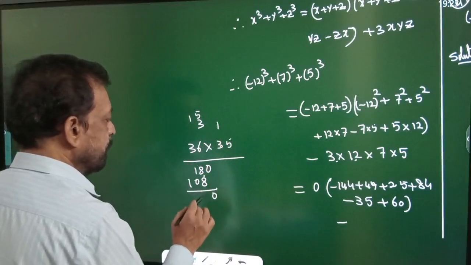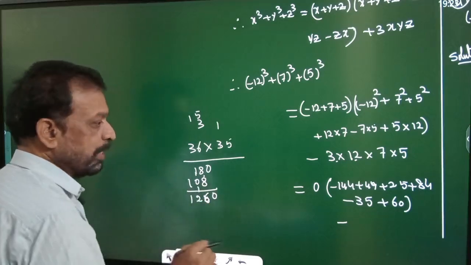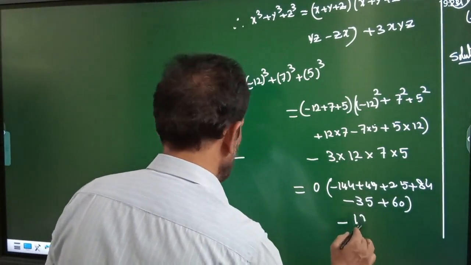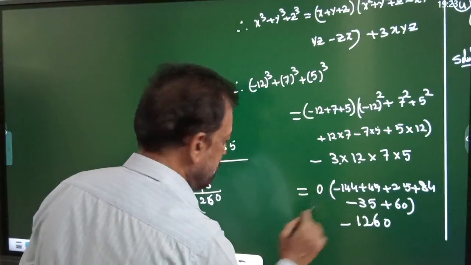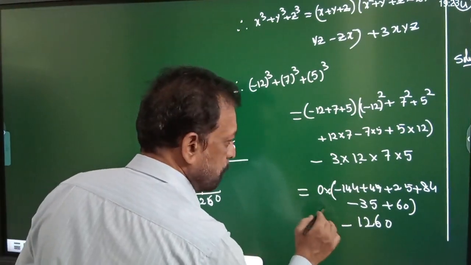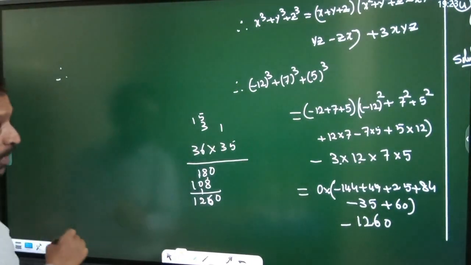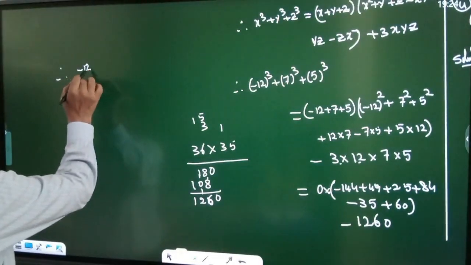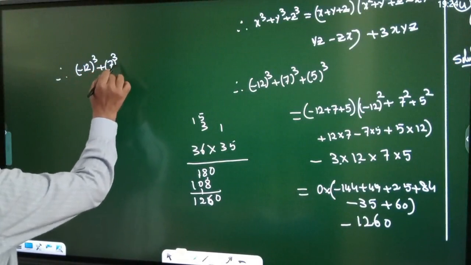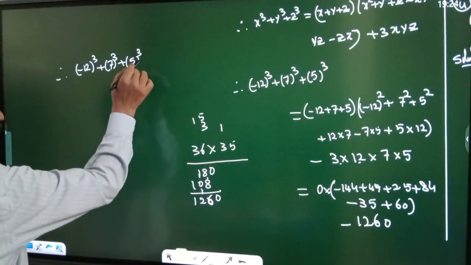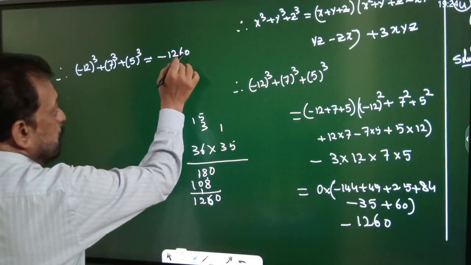Please write it because they will see the steps. So I got 1260. So therefore the answer is complete 0 here, and 0 minus this one. So (minus 12) whole cube plus 7 whole cube plus 5 whole cube is equal to minus 1260. This is the answer.